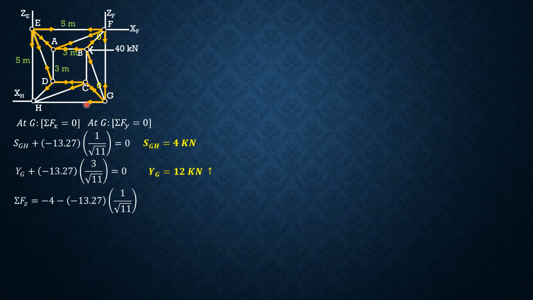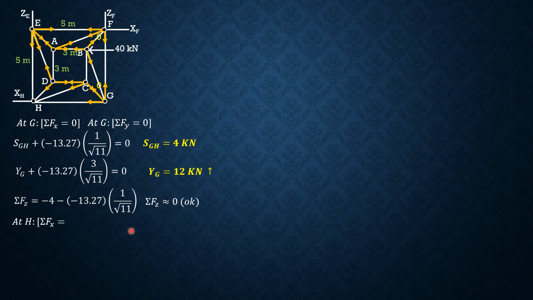Z component of distance is 1 over distance, square root of 11. So summation forces along Z is almost 0. That means it is balanced. Then we proceed to joint H.